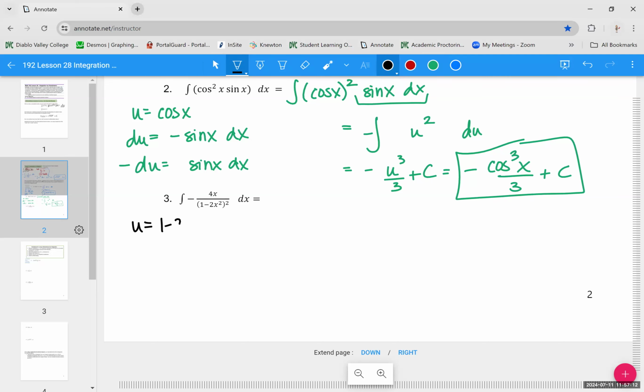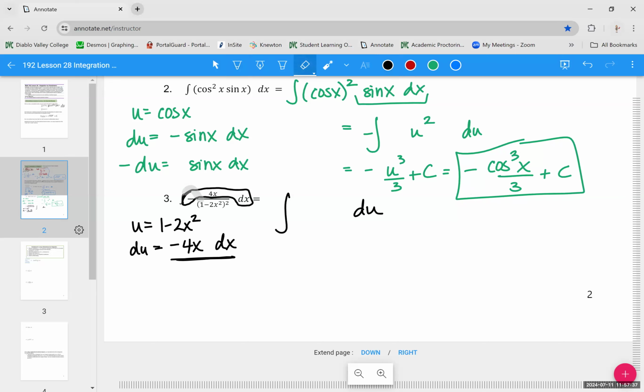When I take du, I get negative 4x dx, which is exactly what we have there. So I don't have to do any other manipulation of this. It's just directly equal to a du.